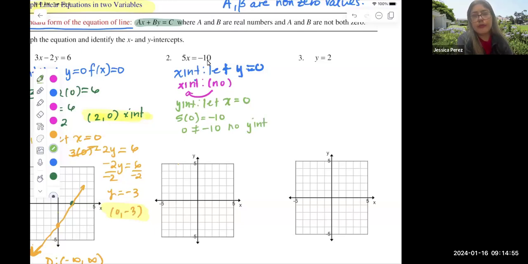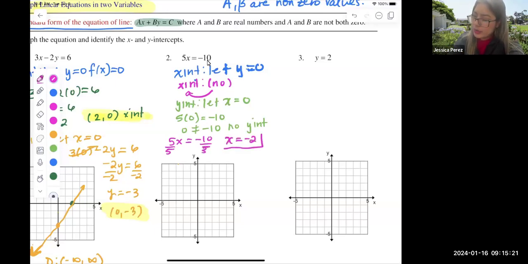So here, how would you go about graphing this? The only way you would graph this would be at 5x equals -10, and then the only number that satisfies this equation is if I divide both sides by 5, I get x equals -2. So x being -2, what does that tell me?